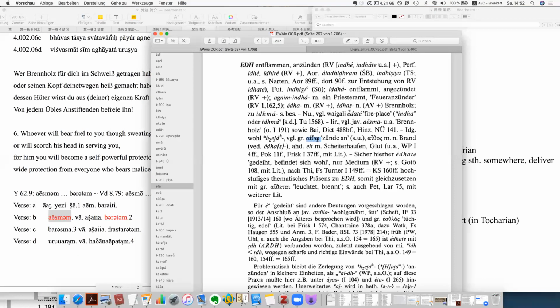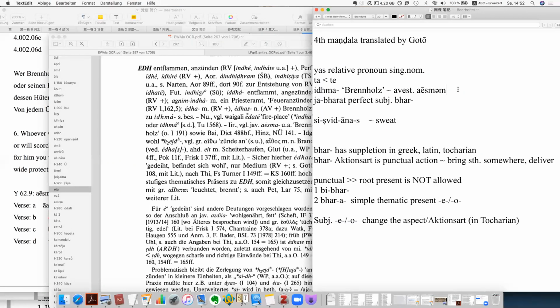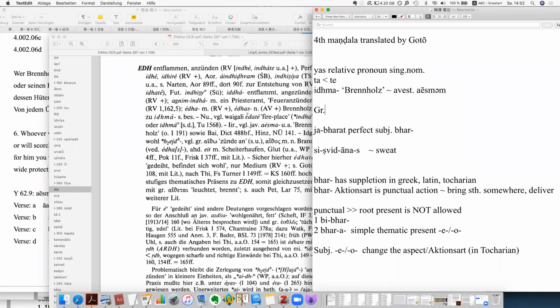Greek called aithos. And why do we know it is a second laryngeal? Because in Greek it's alpha. So in Greek it's called aithos, right? And this aith- is cognate with Sanskrit idh.